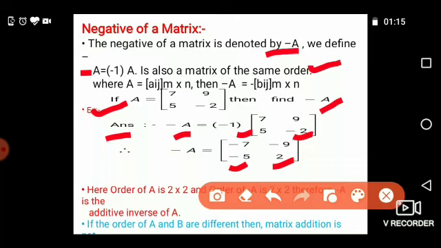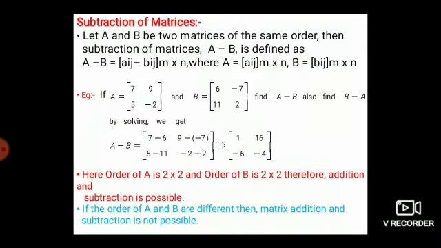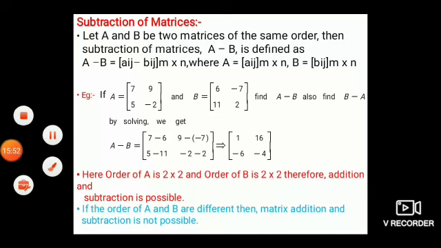Here the order of A is 2 cross 2 and the order of minus A is also 2 cross 2. Therefore, minus A is called the additive inverse of A. Moving to the next operation called subtraction.